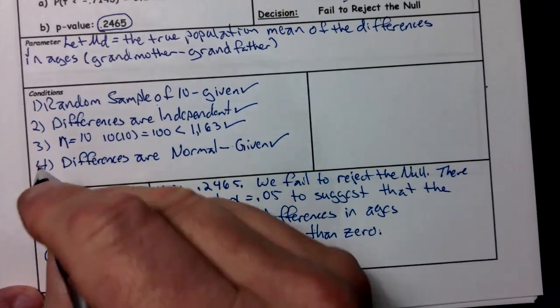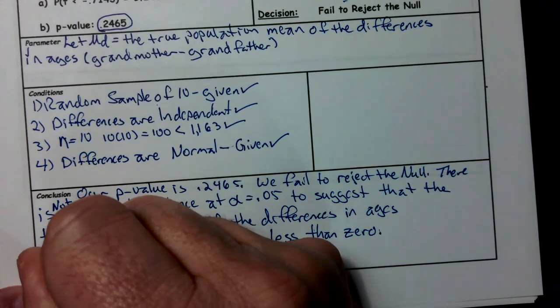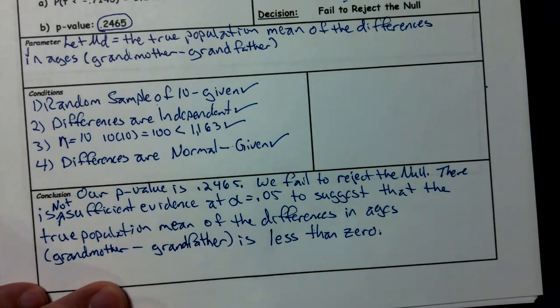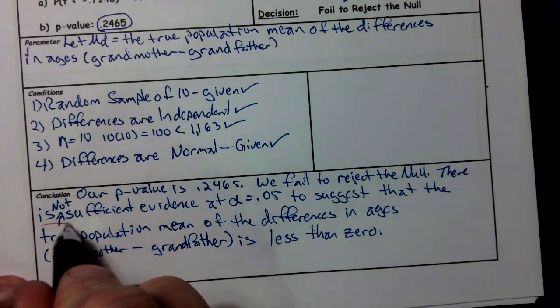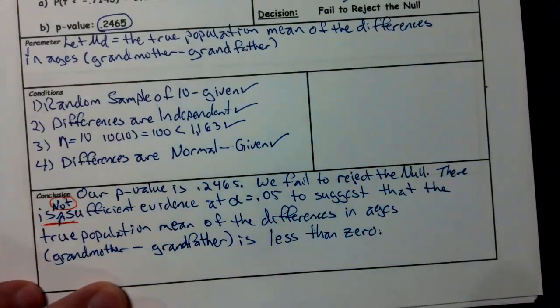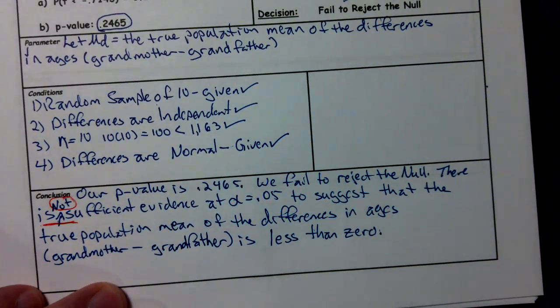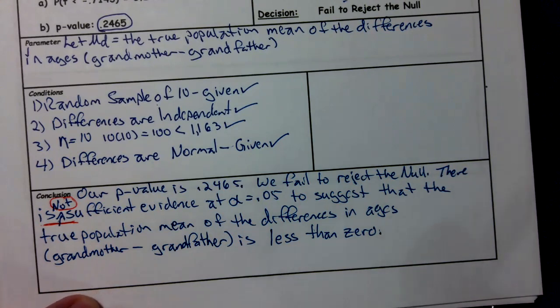Oops, that's wrong. There is not sufficient. So make sure that you always put the not in there. I did that on purpose to emphasize it. So there is not sufficient evidence.